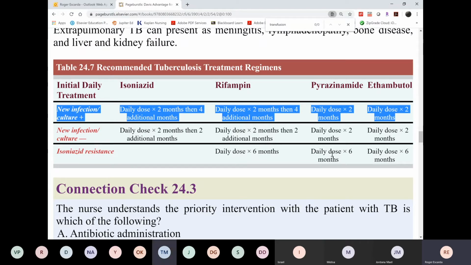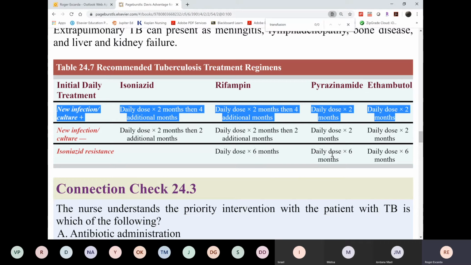Now we only need to finish another 4 months of INH and rifampin. Technically, though, the CDC website says 18 weeks, so the duration really is 6.5 months, not 6 months. But this is good enough.